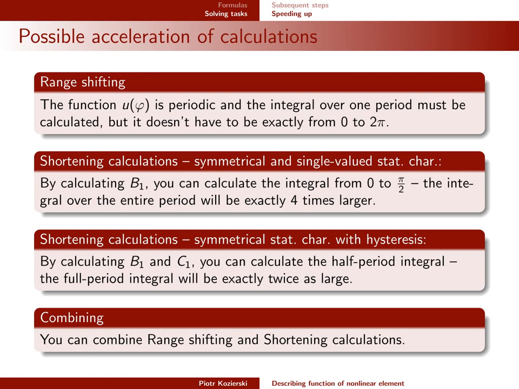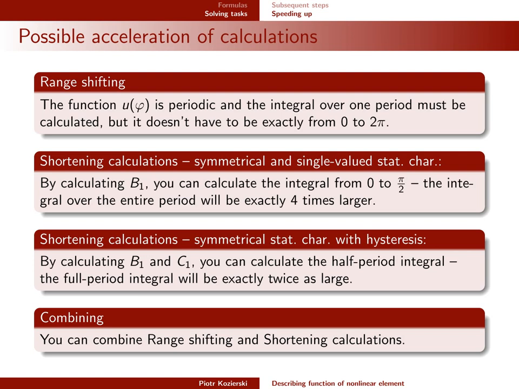The interval of the integral doesn't have to be exactly from 0 to 2π, it just needs to cover one full period. Furthermore, if calculations are performed for symmetrical static characteristics, these calculations can be limited to a quarter or half period.